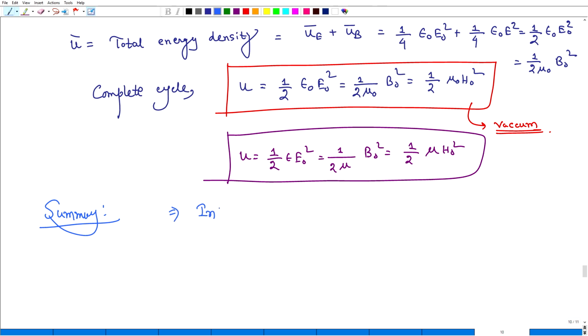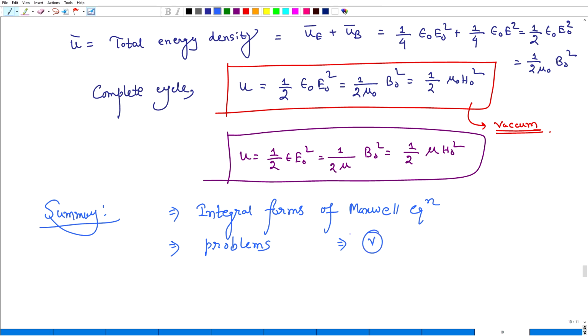We recapitulated the integral form of Maxwell equations. Then we solved some important problems. Then we discussed that nu is fixed for any electromagnetic wave, just velocity and wavelength are changing. And then we discussed the energy density part. This is very important actually. This is the general form of the energy density.